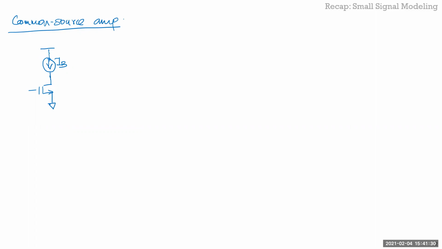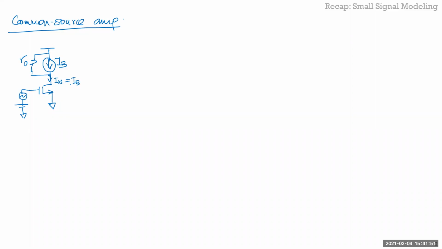But let's assume it has some output impedance, some R naught. Then you give a small signal to the gate, which is biased at such a voltage that this IDS is equal to IB, right?